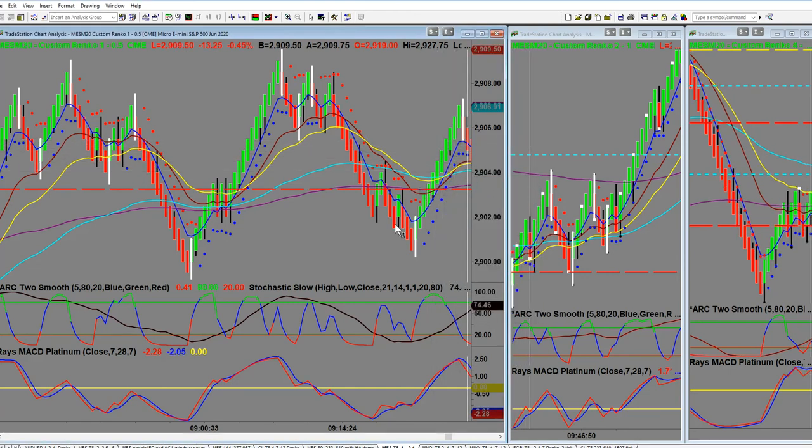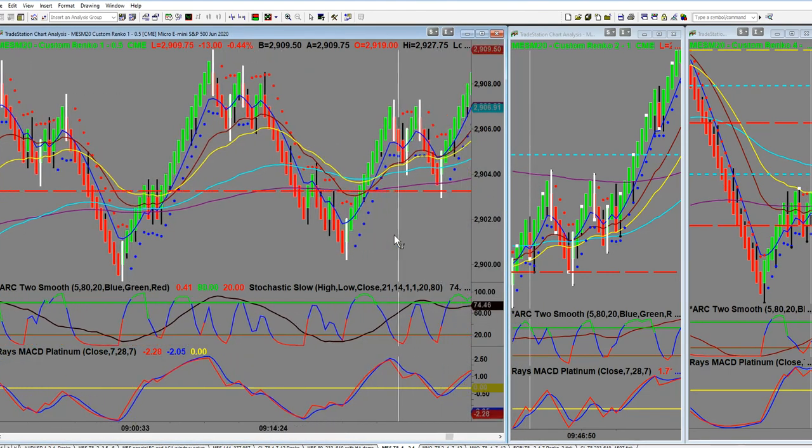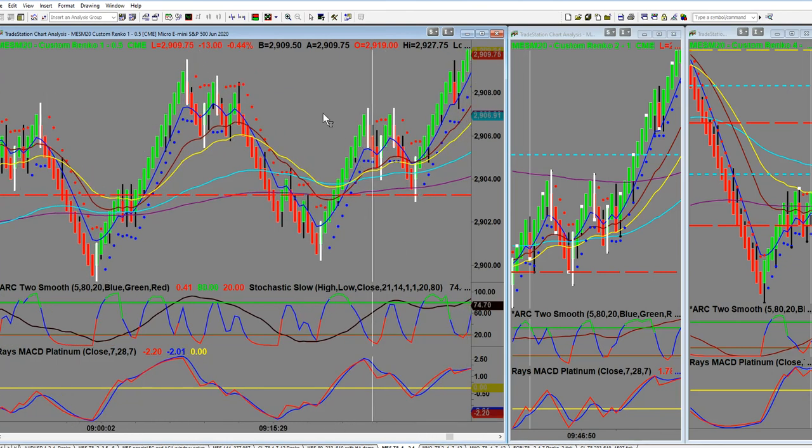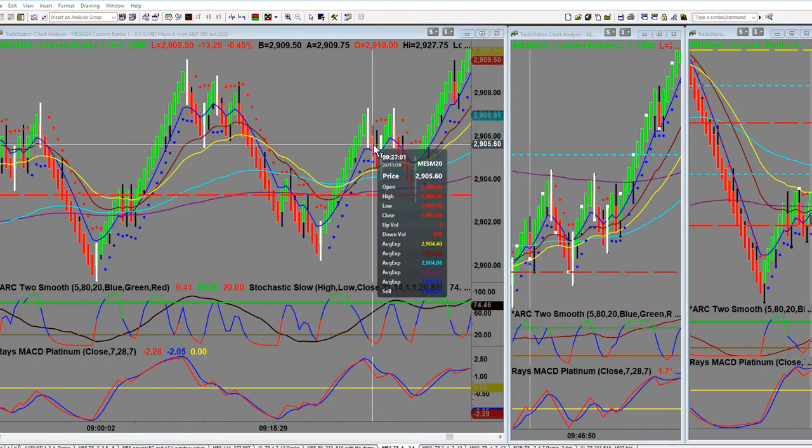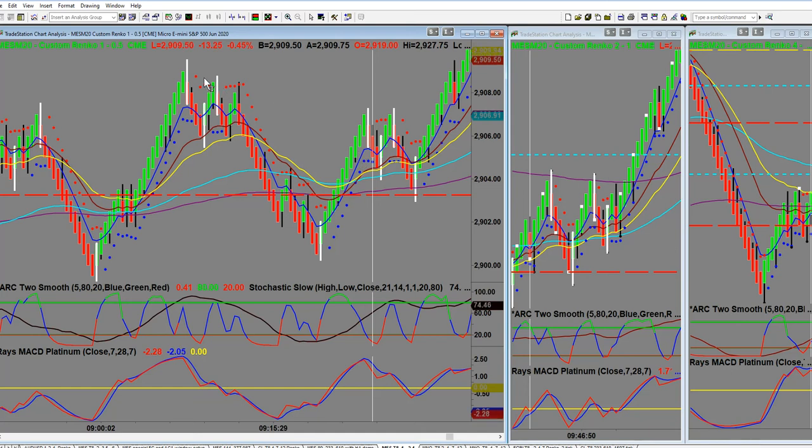And we can see there we end up getting stopped on that trade. But I'm being mechanical here. We were coming down. We now come back down here, traders, and I now get all of my EMAs are above here.